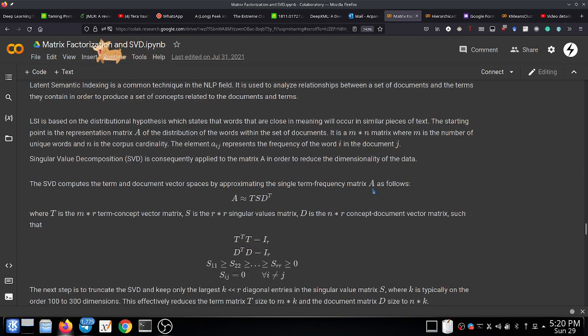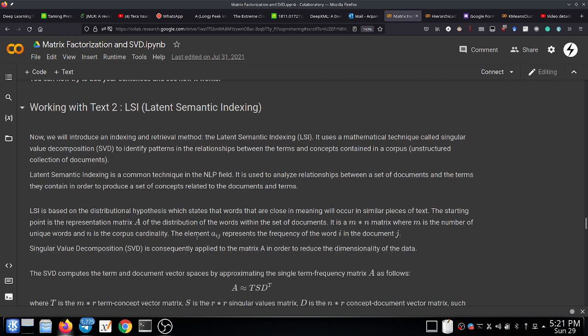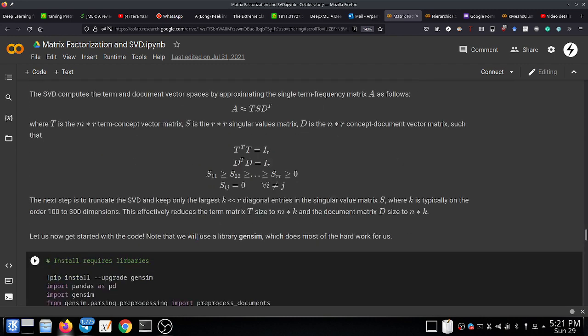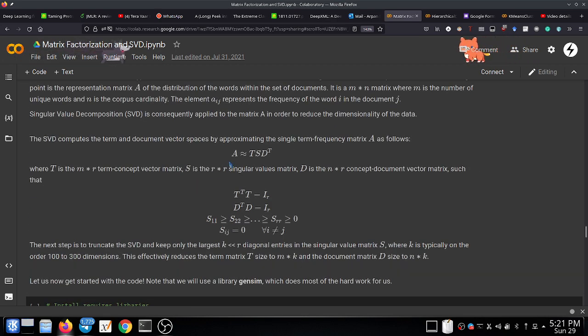This kind of a matrix can be decomposed to give us more information. So that is the basic idea. We will have a singular values matrix.